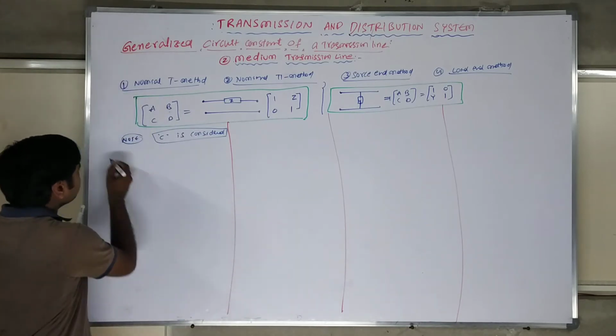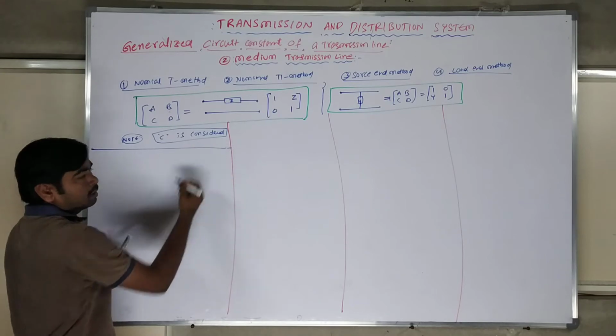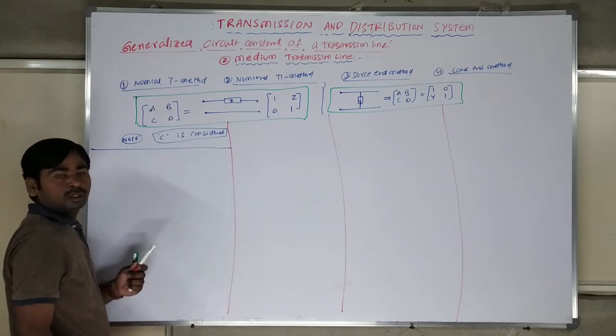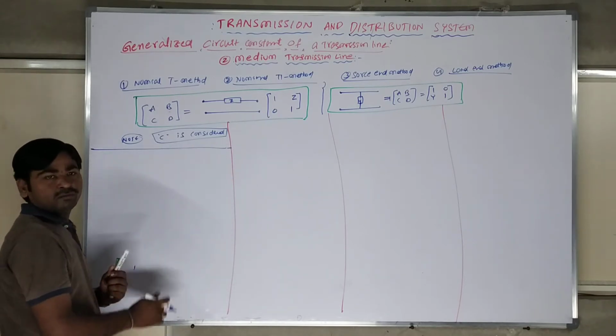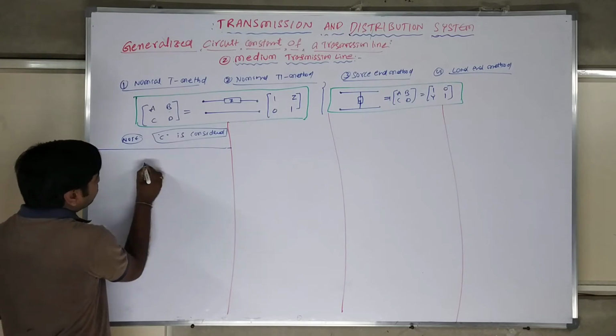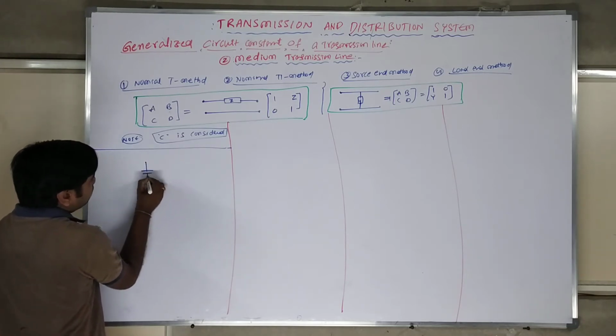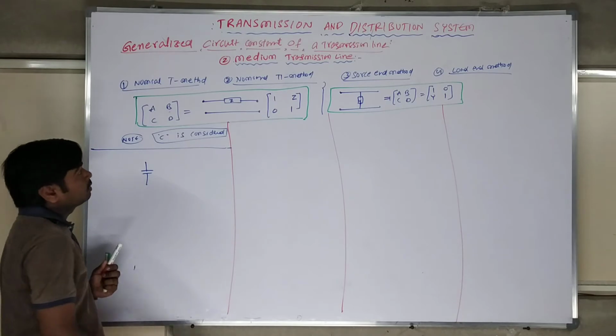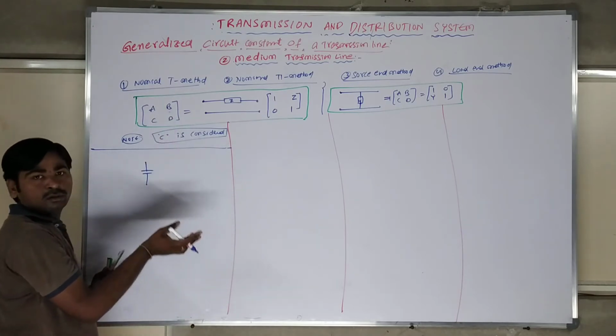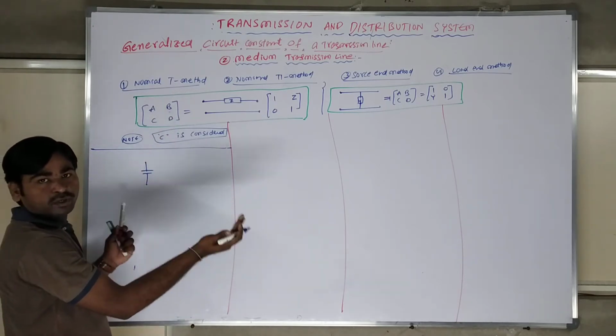In the nominal T method, the entire capacitance is placed in the middle of the transmission line, and the impedance is divided into 50-50%.